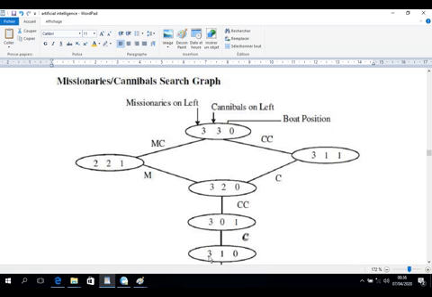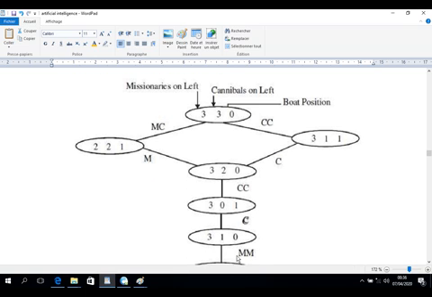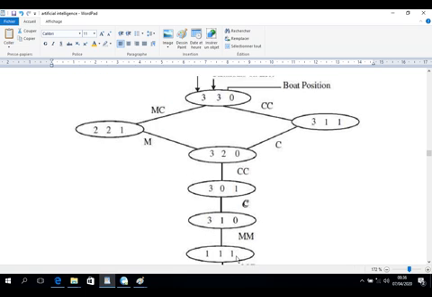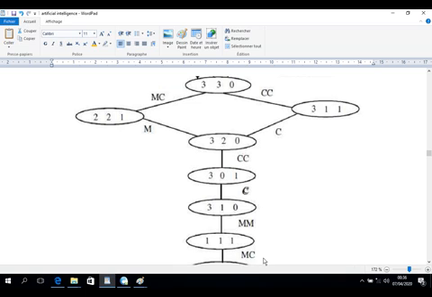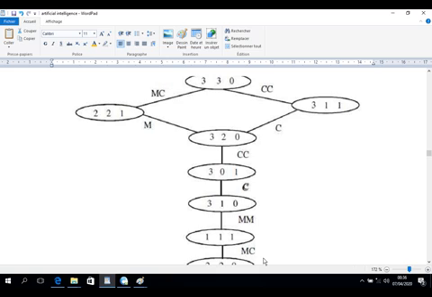Now we have 2 cannibals on the other side now, 1 on the first side and 3 missionaries. At this moment, you see, on the next trip we can carry 2 missionaries.